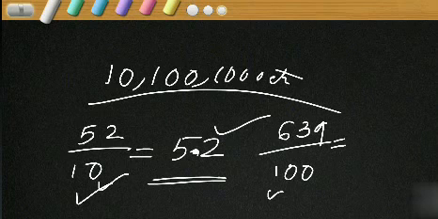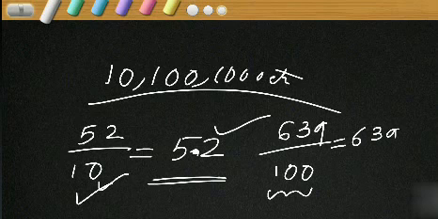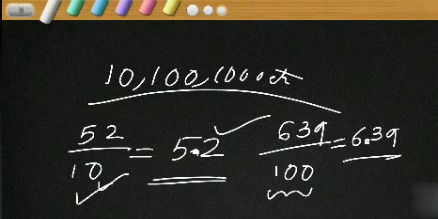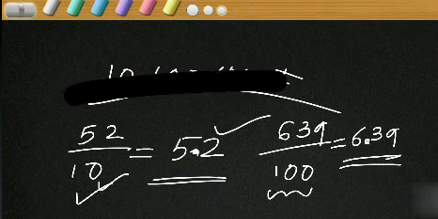Yes, there are 2 zeros in the denominator. So the number of decimal places should be equal to 2. So for that, what we have to do? First we have to write the number 639, and 2 decimal places means the point should be placed here. So which is our final answer? Yeah, 6.39 is the answer. Is it clear? Have you understood how to do it?